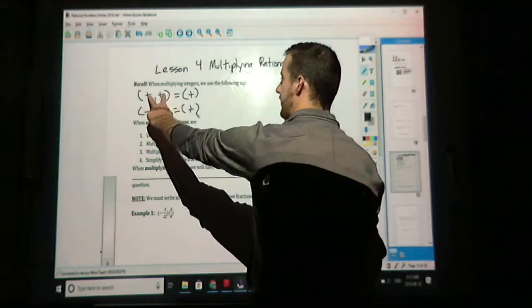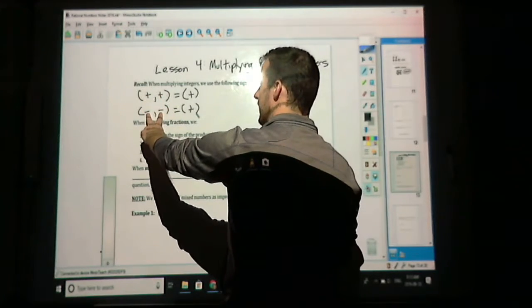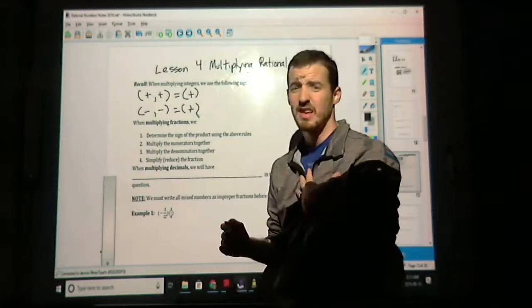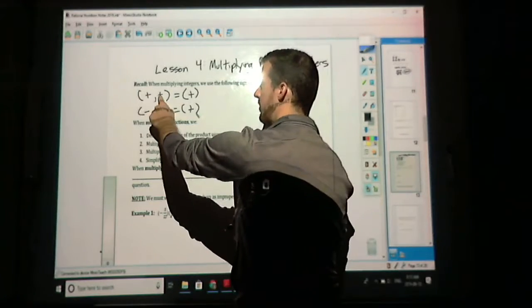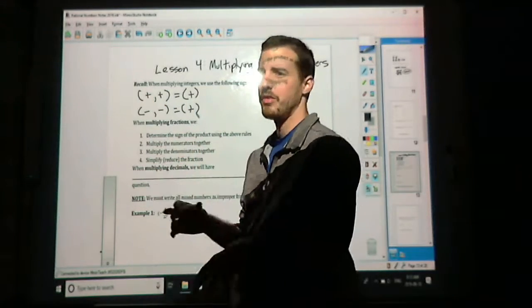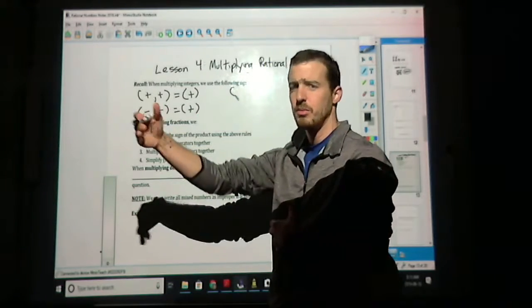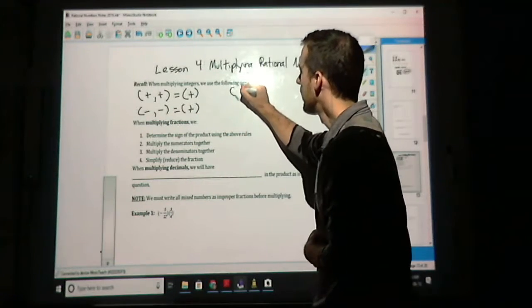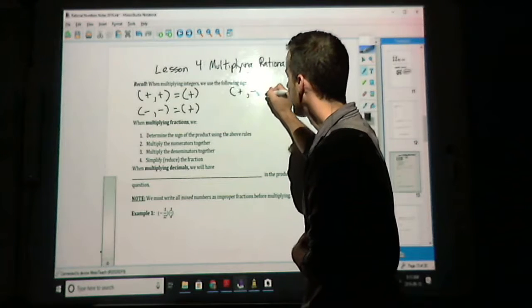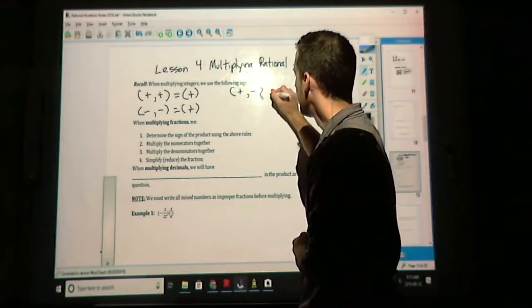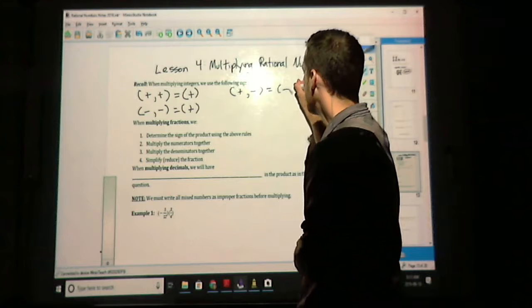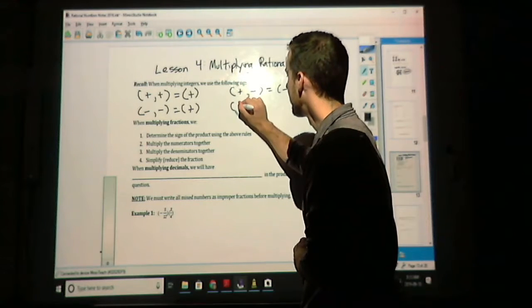So if the signs are the same, I sometimes think of it as: is the number of positive numbers even or odd? That will work if we have more than two terms. Or if they're different, or there is an odd number, then we end up with a negative answer.